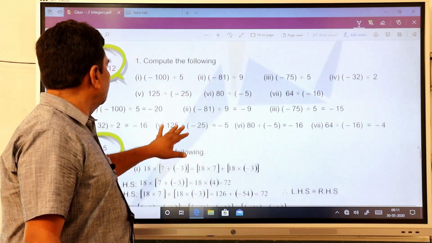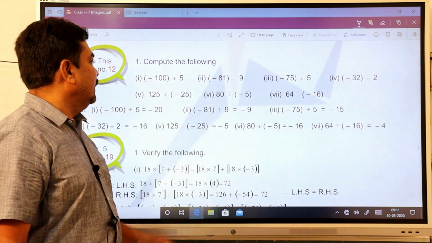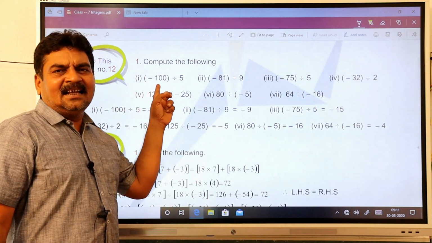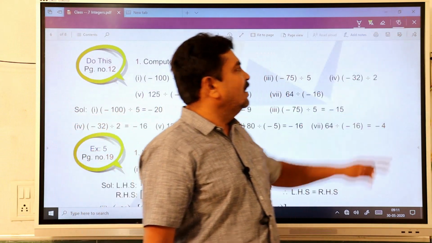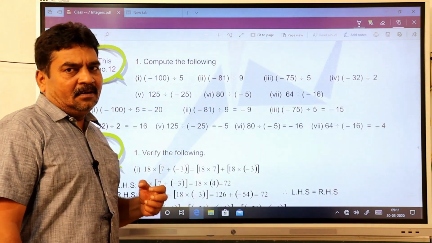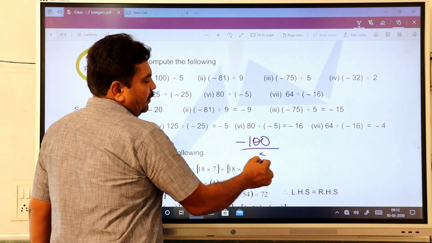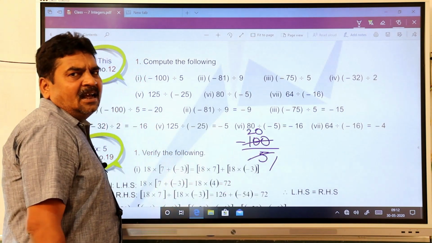Compute the following. First one is minus 100 divided by 5. 5 ones are 5, 5 twenties are 100.